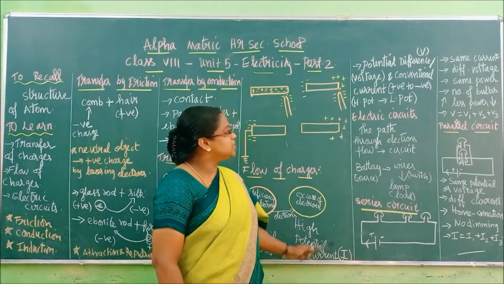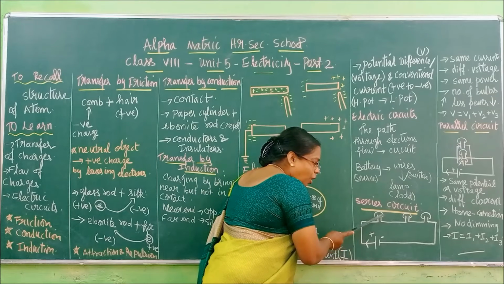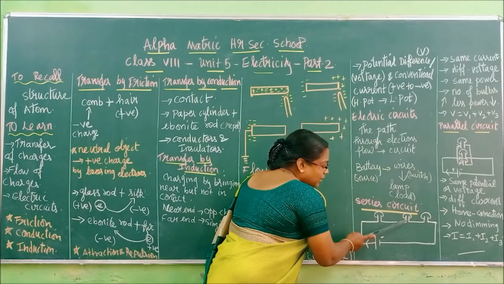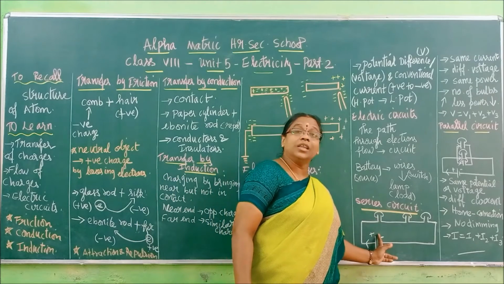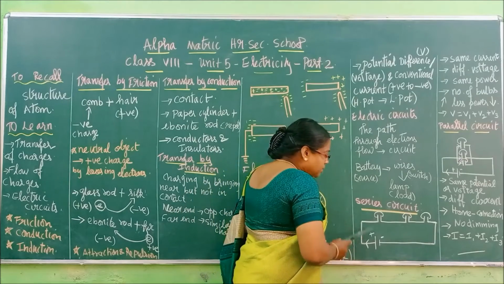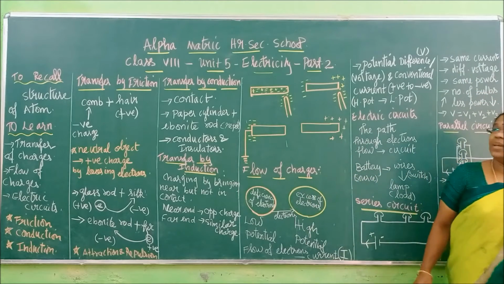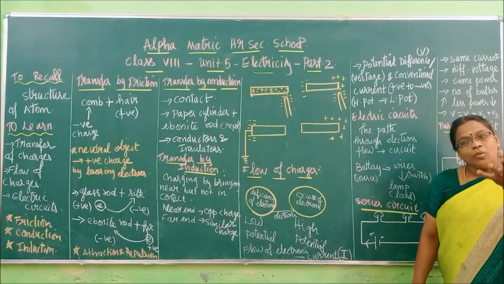A series circuit is end to end. One end of the terminal, either positive or negative, will be connected to the other one, and this end will be connected to another one. So a series circuit is otherwise called an end to end circuit. Now what happens in this circuit? Current will be the same, I will be the same, voltage will be different. As the number of bulbs increases, if I use one bulb, it will glow with more power.